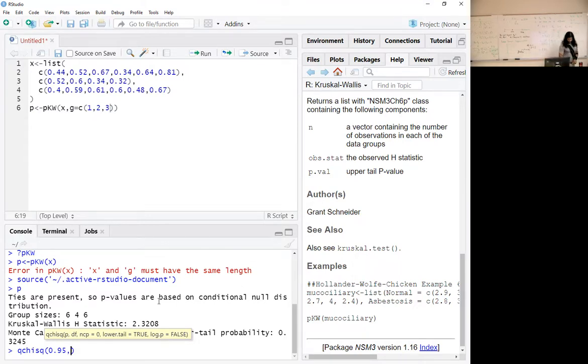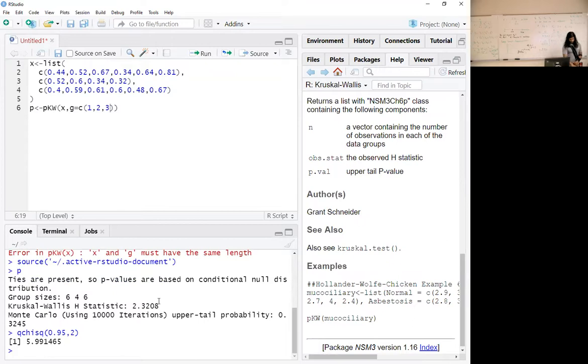Degrees of freedom, 2. We end up getting 5.99. 0 is over here, 2.33 perhaps somewhere over there. Did the test statistic fall in the rejection region? No, so the conclusion is the same.